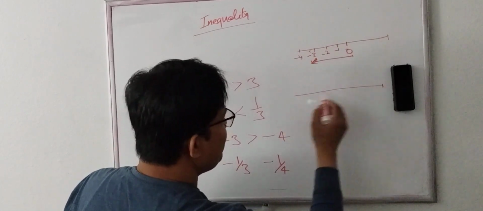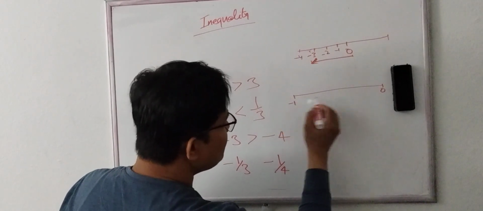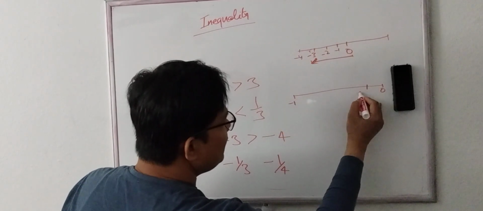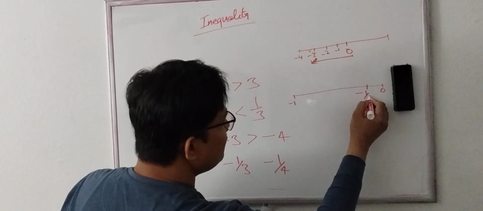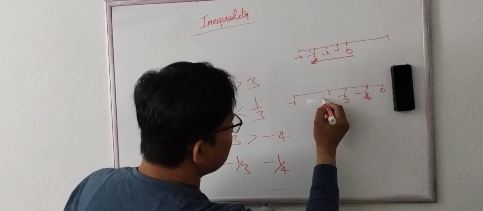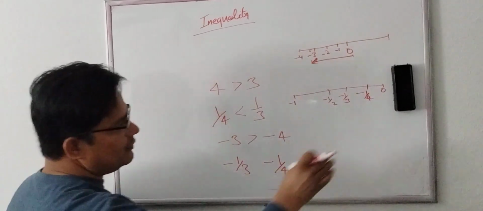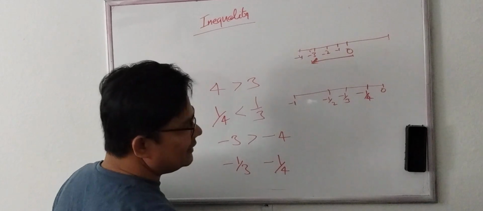So let's see here. 0, -1. -1 by 4 is here. -1 by 3 will be somewhere here. -half will be here. Correct? So now tell me which number is bigger.